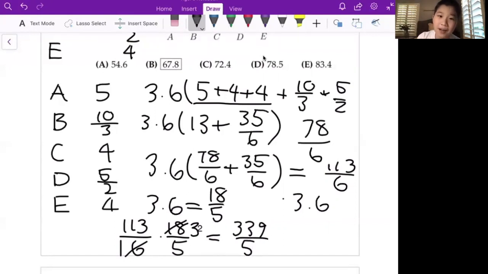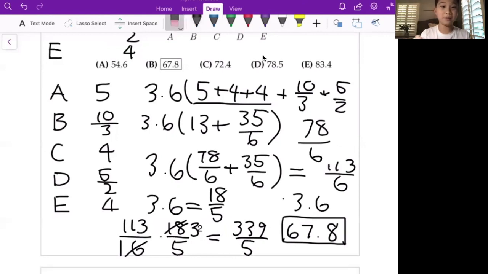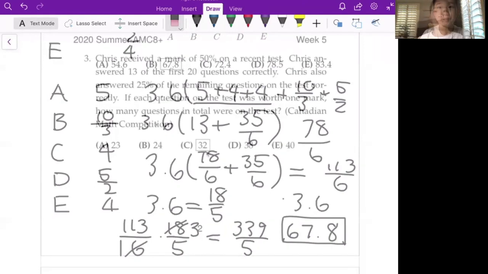And then you can find that comes out to 67.8. You can do the calculation. So what have we learned here? Well, one thing, it's very good to convert stuff into fractions. Two, well, the distributive property can really cancel things out sometimes.